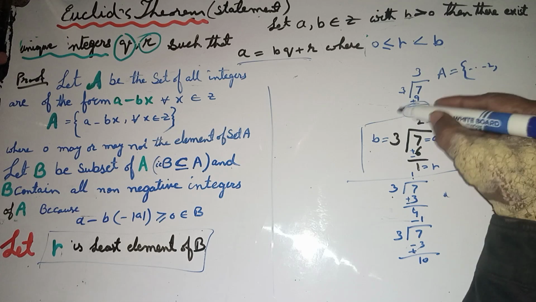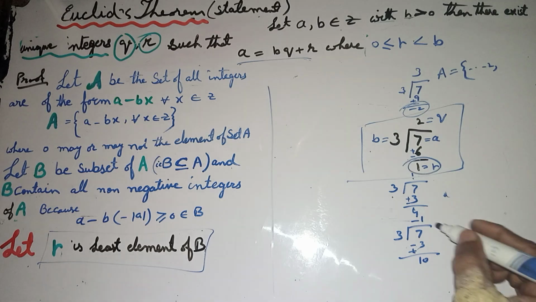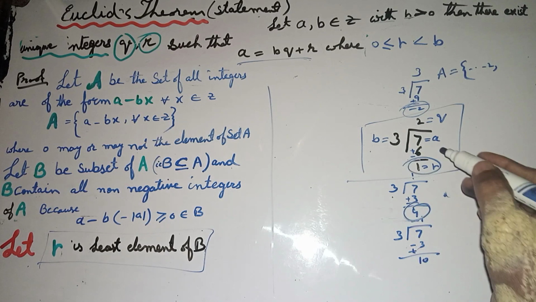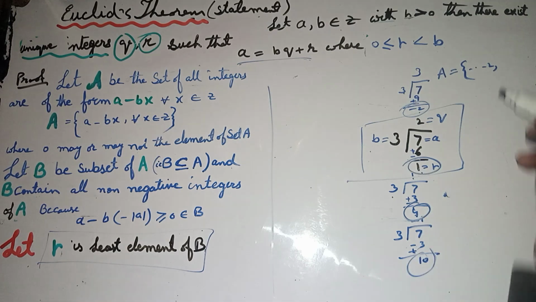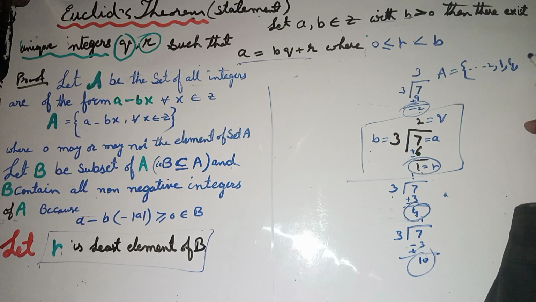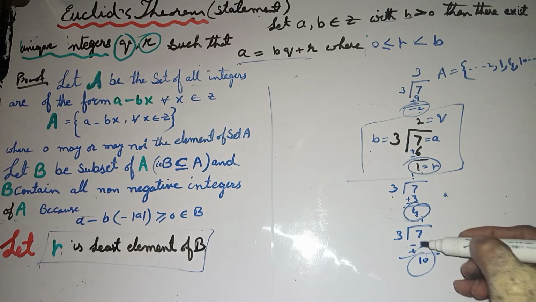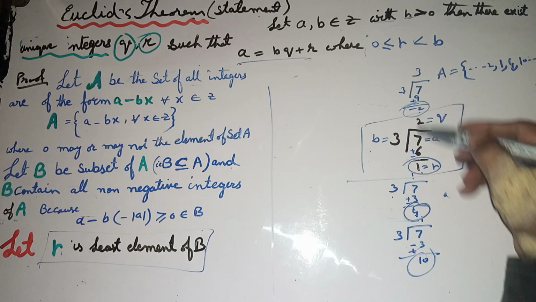So this remainder 4, this remainder 1, this remainder here -4, here 1, here 4, here 10. I write here 1, 4, 10, and so on. I can continue this process. What are these? These are remainders. From where did I get them? I got them from here.